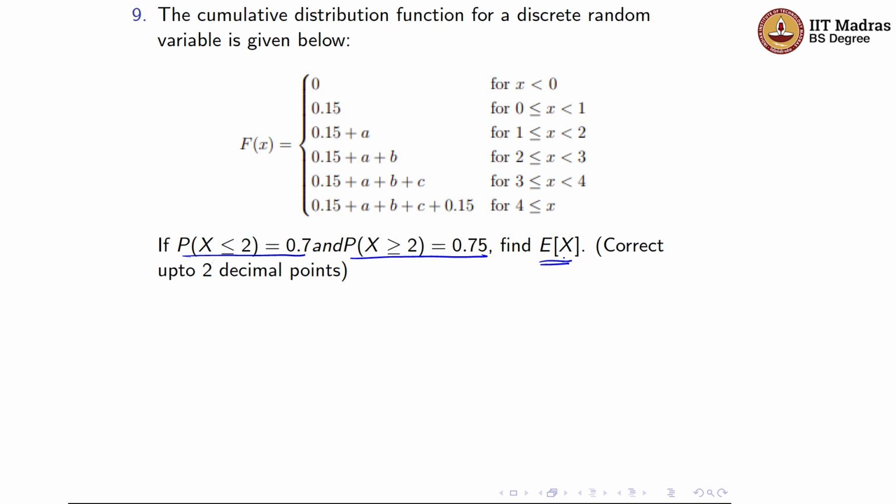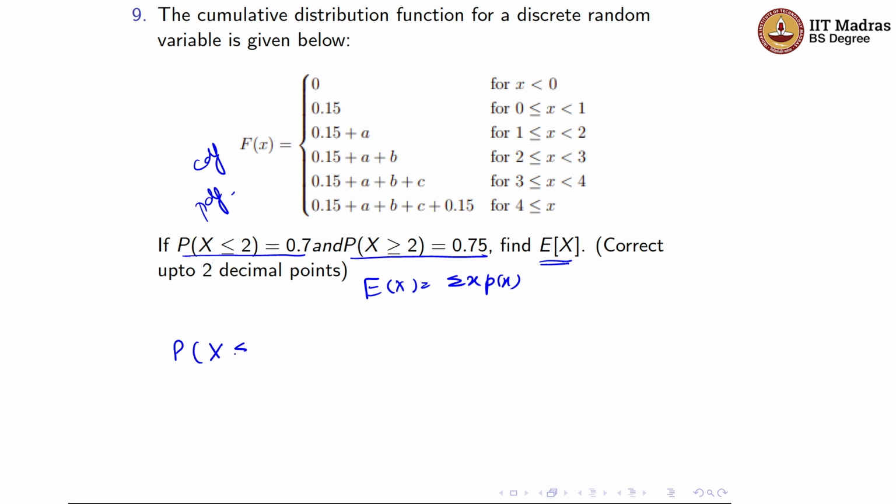We know that expectation of x is the summation of x times p(x), right? But here the CDF is given, so we have to find the PDF. Here the values are given.